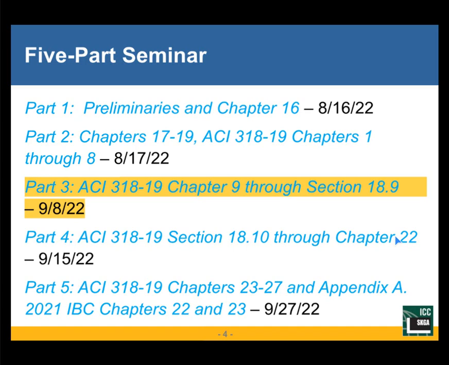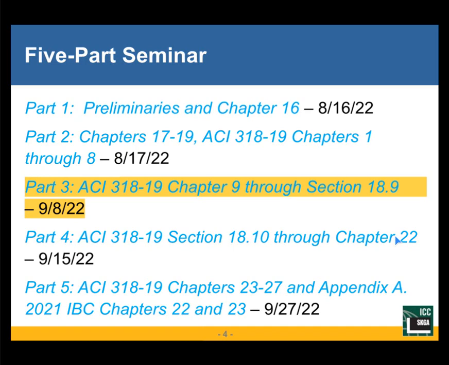The first part, presented on August the 16th, was on preliminaries and Chapter 16. The second part covered Chapters 17 through 19 of the IBC, and then we got into ACI 318-19, covering chapters 1 through 8 during the second seminar.